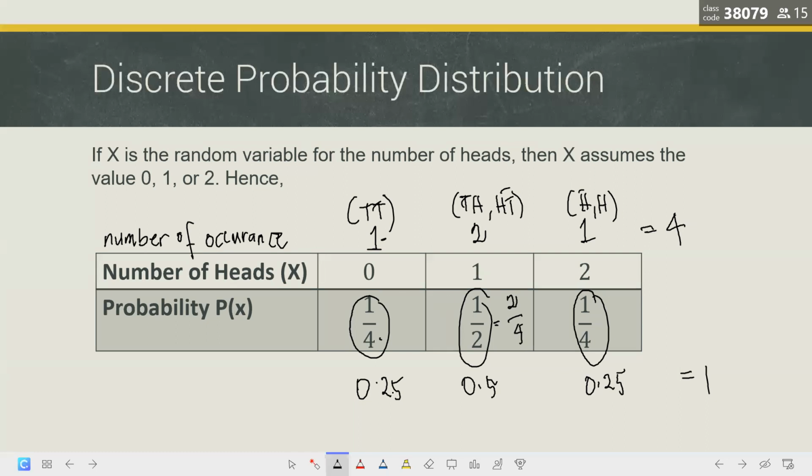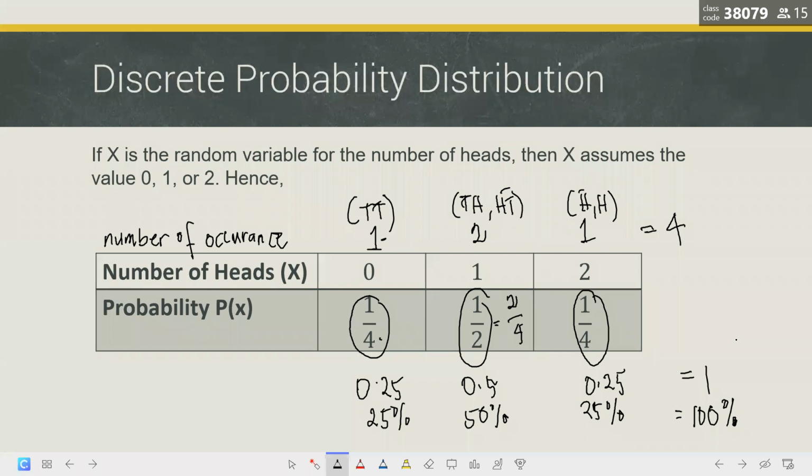Di ba naalala niyo yung lesson natin kahapon? I-convert natin sa percent. 25%, 50%, 25%, it is equal to 100%. Bakit? The sum of all the probabilities is equal to 1.